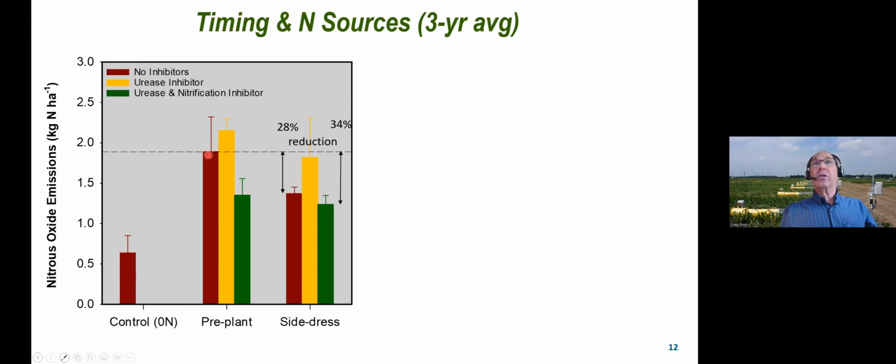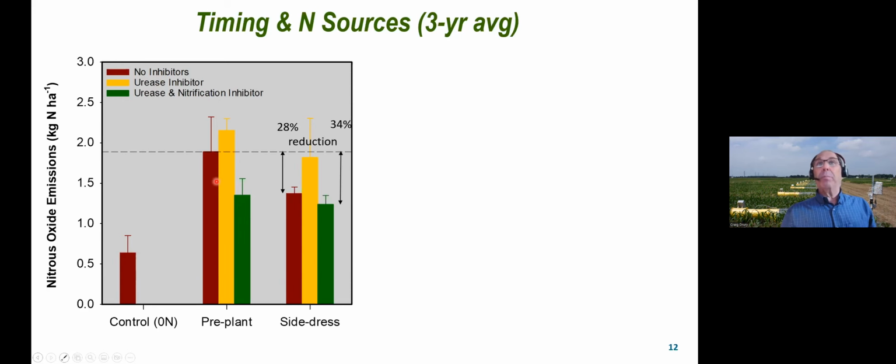And we have just a little bit less than 2 kilograms loss. If we add the urease inhibitor, that's like that pollution swapping scenario I was showing you, slightly higher emissions. But when you add the combination of urease and nitrification inhibitor, we had about a 28% reduction, which is close to that 30% that we're trying to achieve.